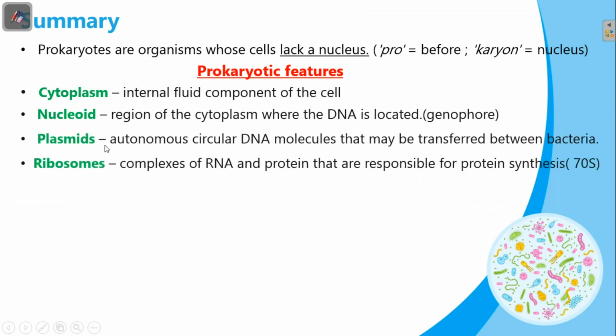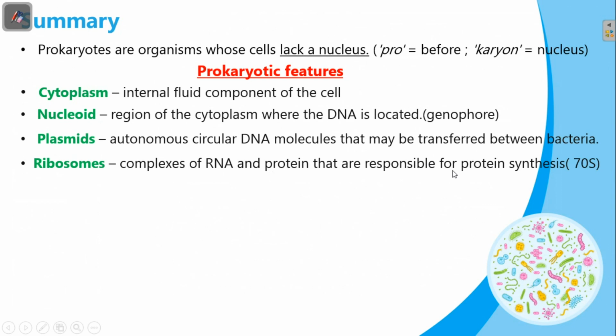Next, plasmids. These are located outside of the nucleoid region and are self-replicating, extrachromosomal DNA. Ribosomes are complexes of rRNA and protein that are responsible for protein synthesis.